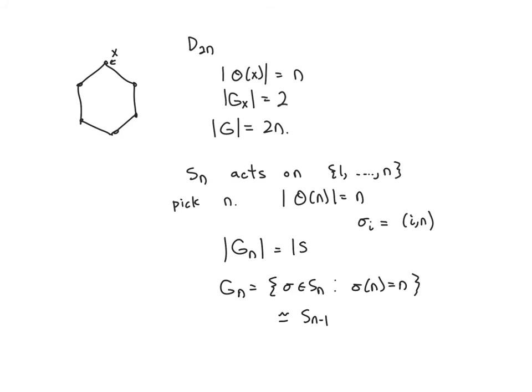And so whatever this group is, it's the size of S(n-1). And therefore, the size of Sn is n times the size of S(n-1). Which means by induction you get n times (n-1) factorial, you get n factorial, like we already knew. So there's another proof of that fact.